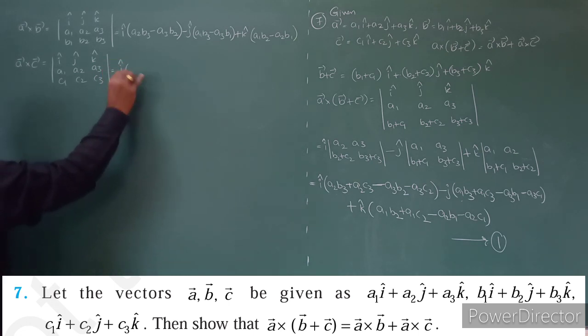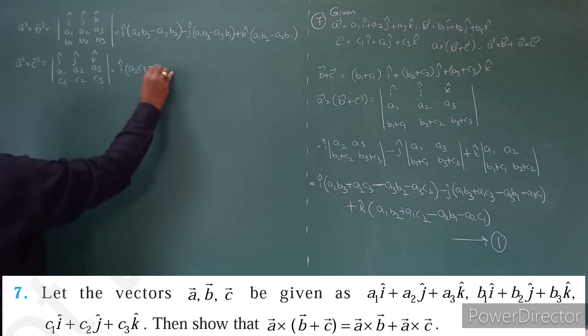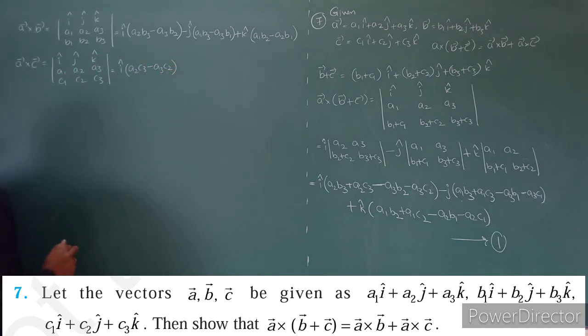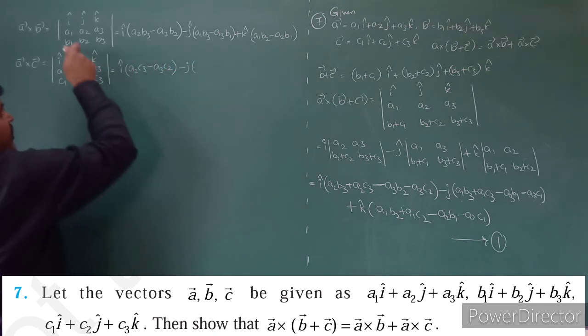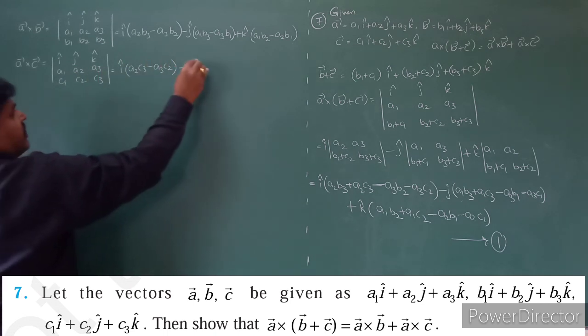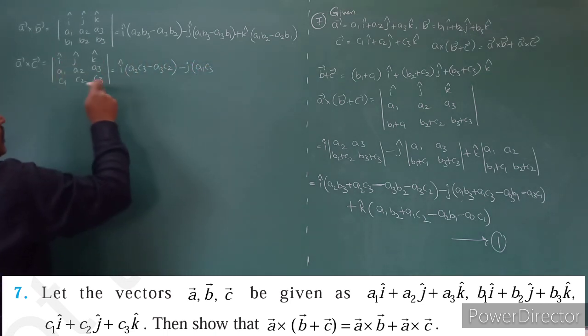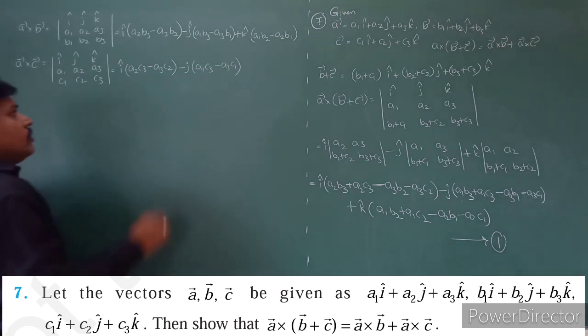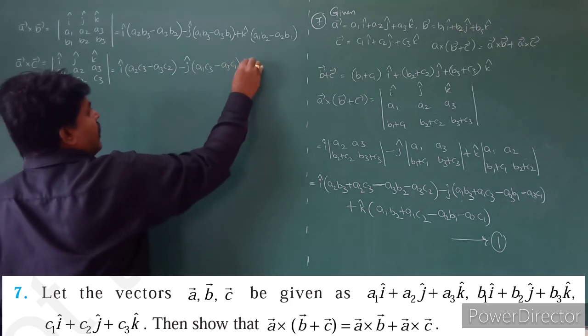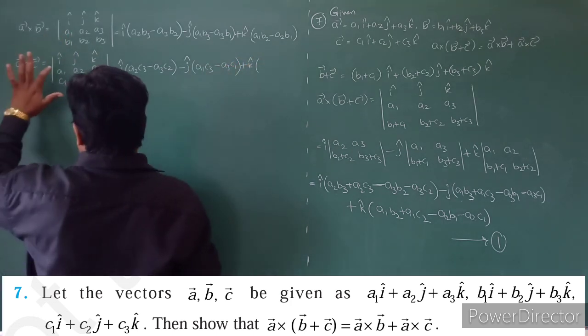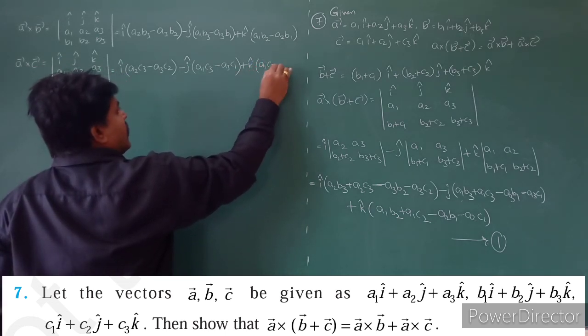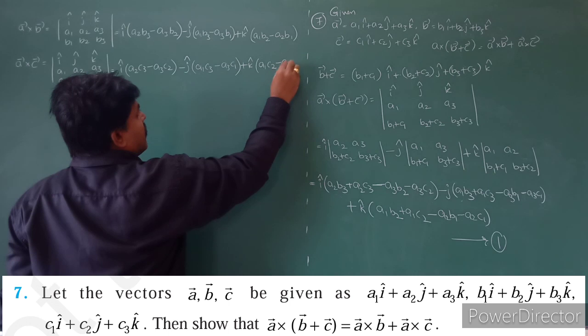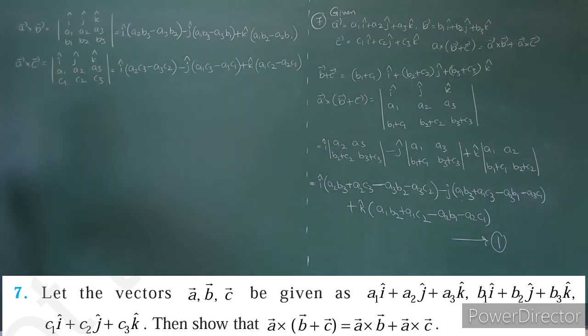So that is I into A2 C3 minus A3 C2, minus J into, removing the row and the column, A1 C3 minus A3 C1, plus K into, removing the row and the column, A1 C2 minus A2 C1.